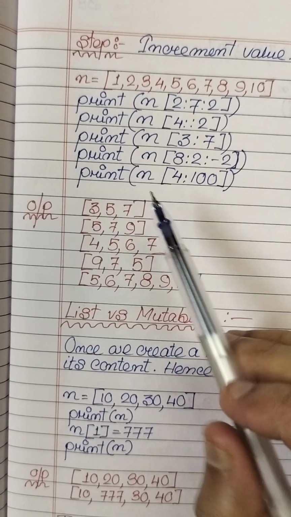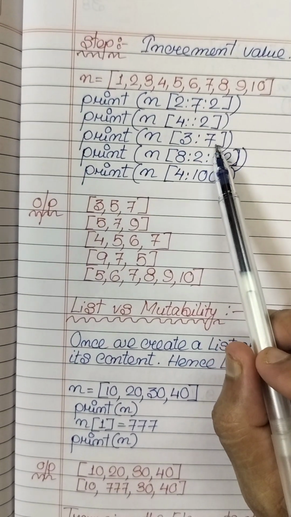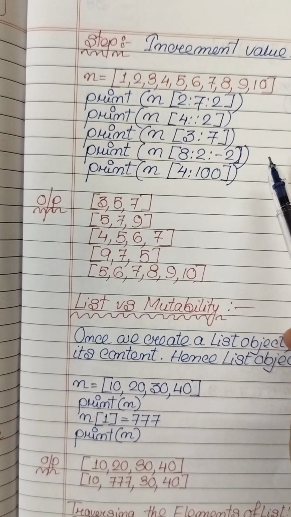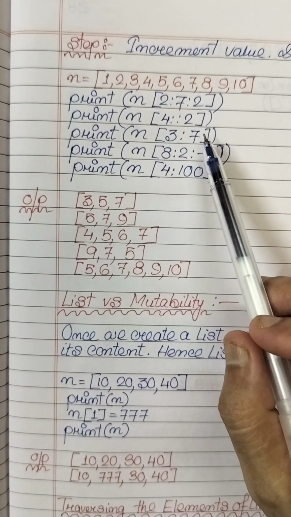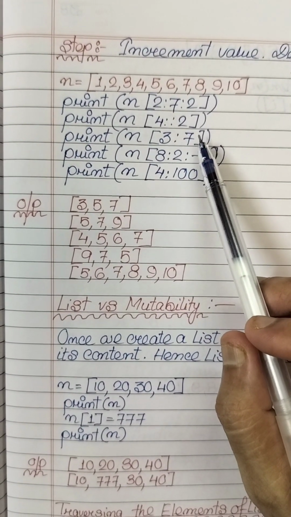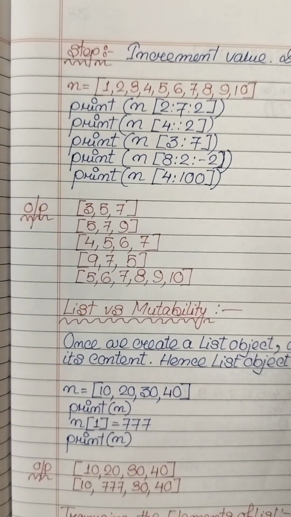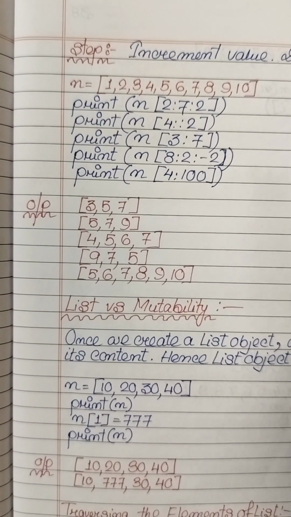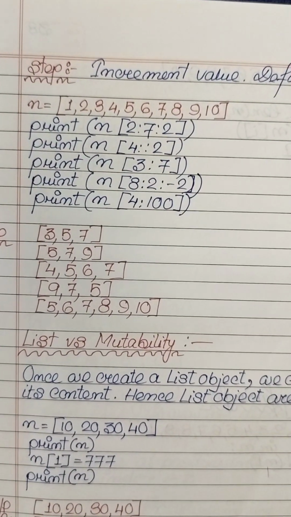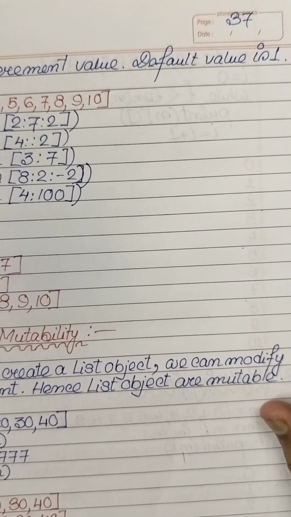Okay. Next print n[3:7]. That means it starts from the 3rd position and ends at the 7th position. If we are not providing any step value, then it will take 1 as the default, because already we have mentioned the step, increment value, default value is always 1.